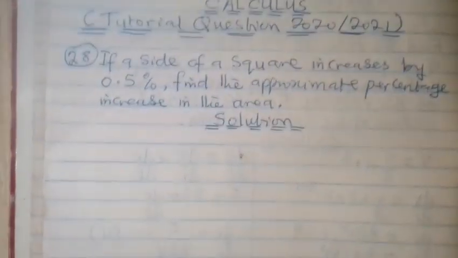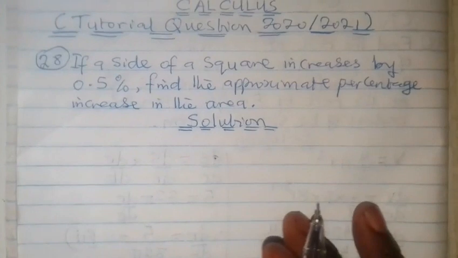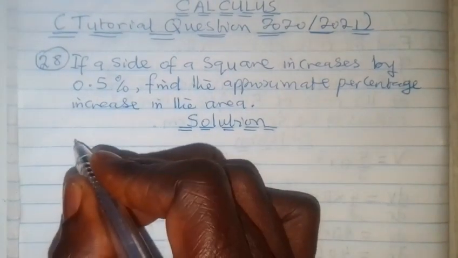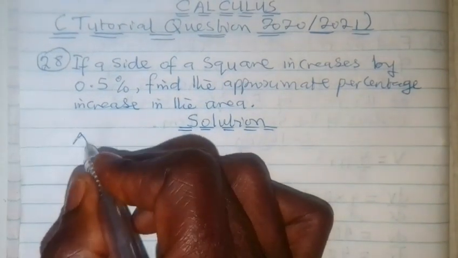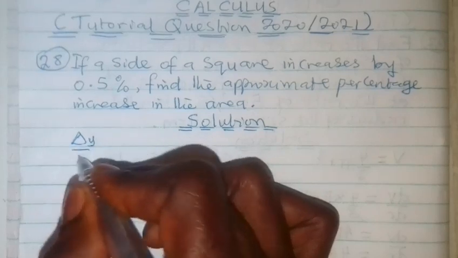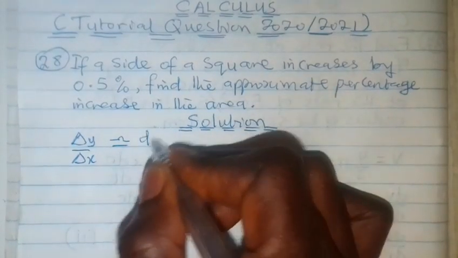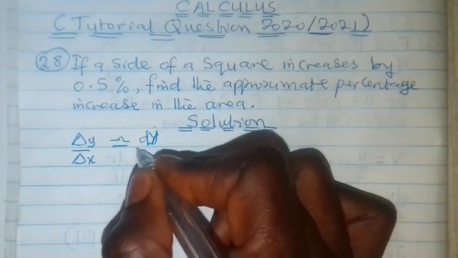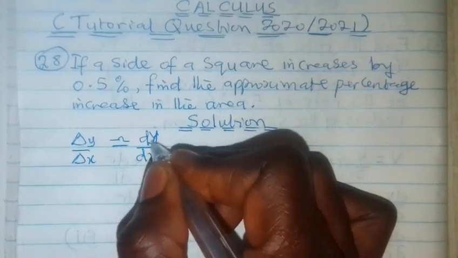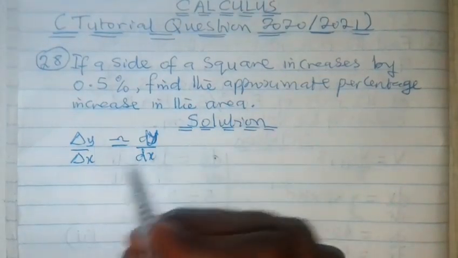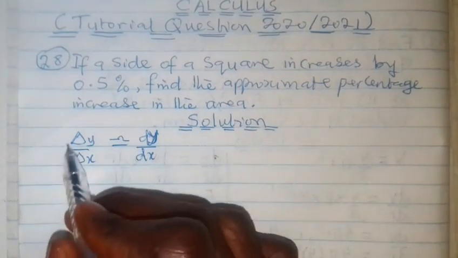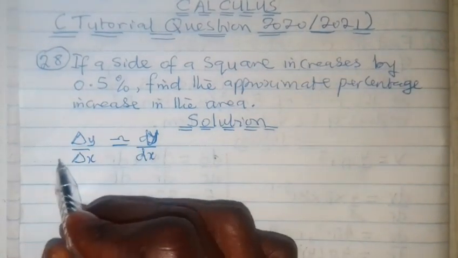Now, what is approximate value? How do we get this approximate value? Bear in mind that delta y over delta x is roughly approximate to dy/dx. The reason why it is roughly approximate is because we did not take the limiting value as delta x tends to 0.